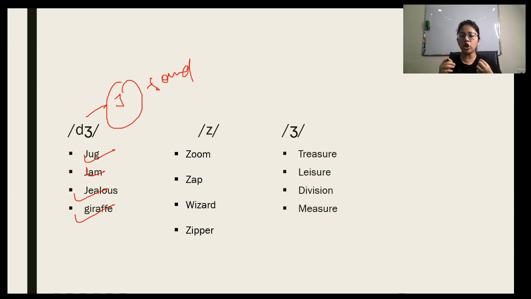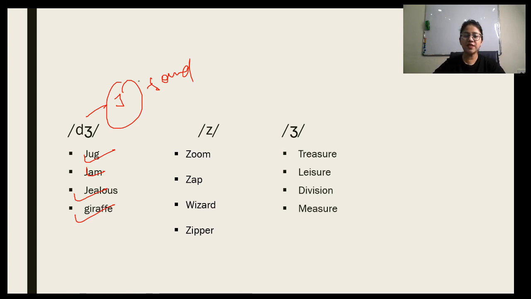So a very common j sound. Can you guys give me another word which doesn't have the J letter but the sound is J? Anyone? It's quite difficult, so I'll let that be.